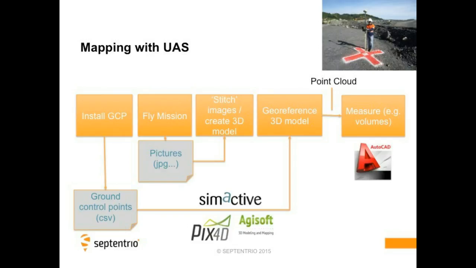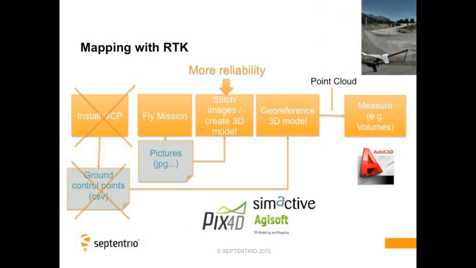So, as some previous speakers have alluded to, as an approach to solving that problem, some people, and that includes us as well, put high-precision RTK receivers in the UAV to get an accurate position for each of the images being taken.